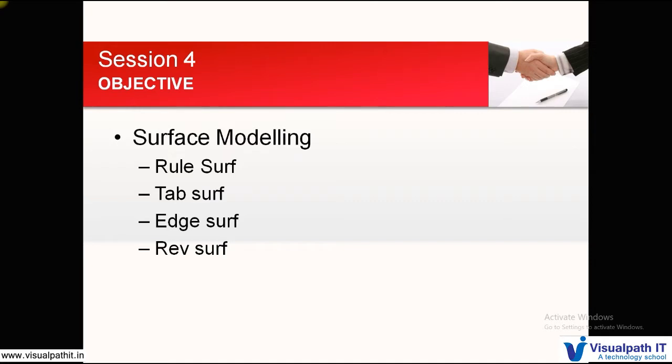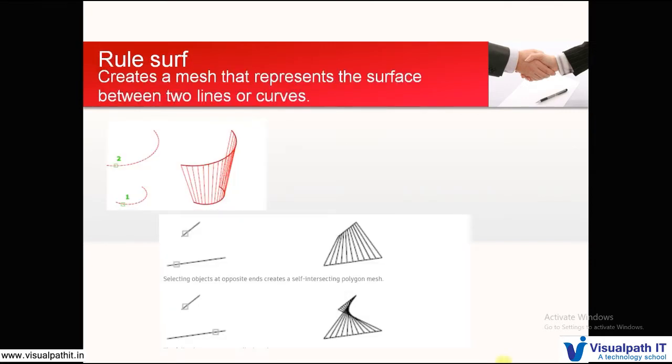We have rule surf. When you use rule surf, it creates a mesh kind of surface between two lines or curves. It can be two curves, two lines, a line and a curve, or a curve and a line.